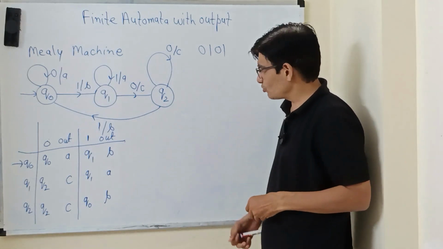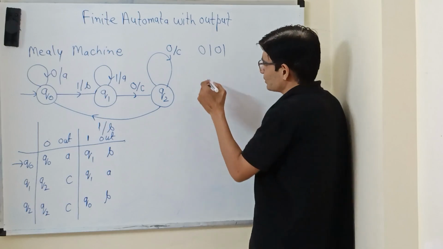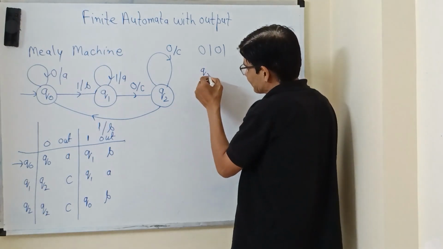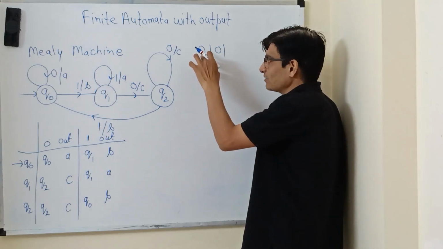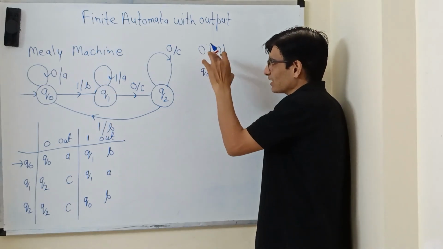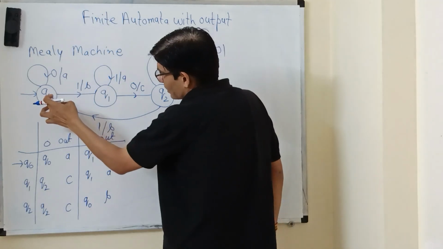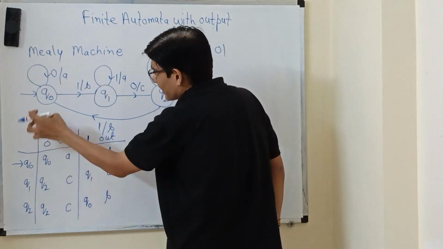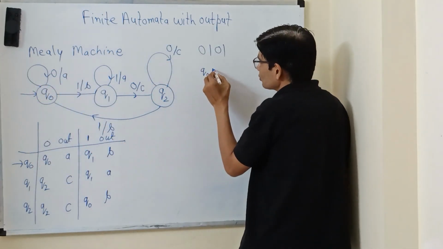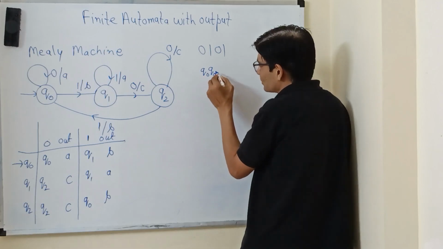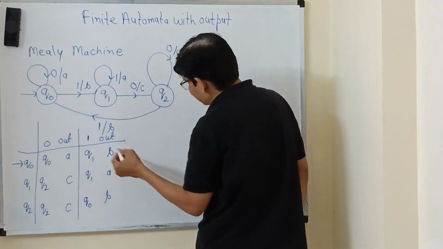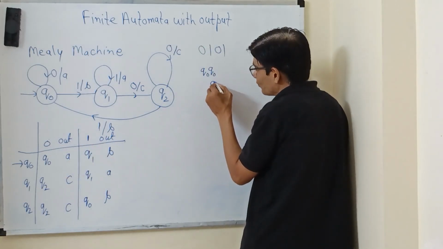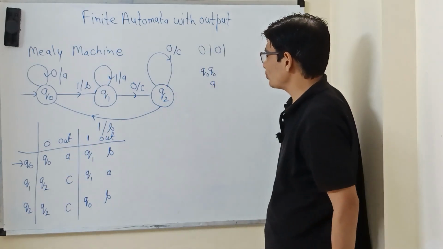Initially we are on Q0, as it is the initial state, and in this state we are reading 0. On Q0, if we are getting 0, we stay on Q0. So the next state is again Q0, and the output symbol with this 0 is A. So A is given as output.